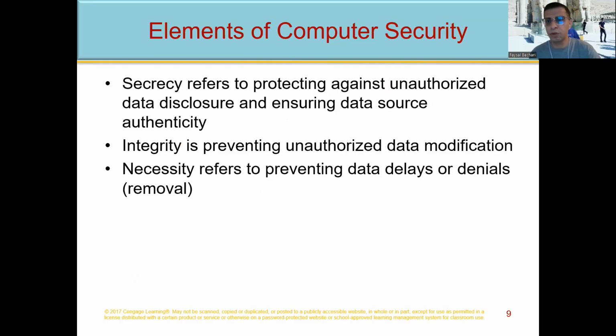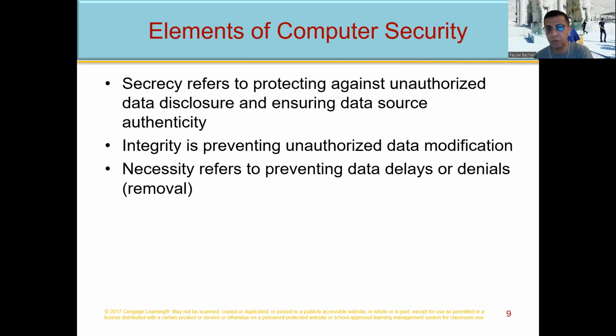The elements of computer security. Secrecy refers to protecting against unauthorized data disclosure and ensuring the data source's authenticity. So you want to protect your data because any access to the data by an unauthorized person or thing might change the data and destroy the whole data for you.